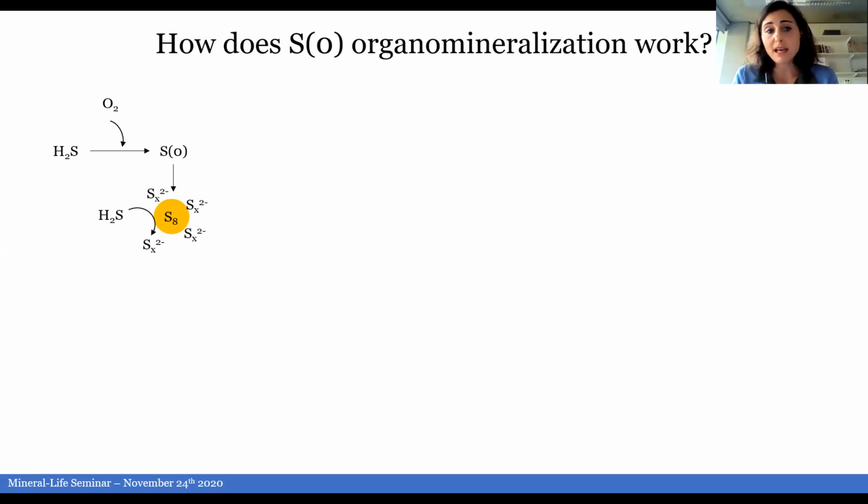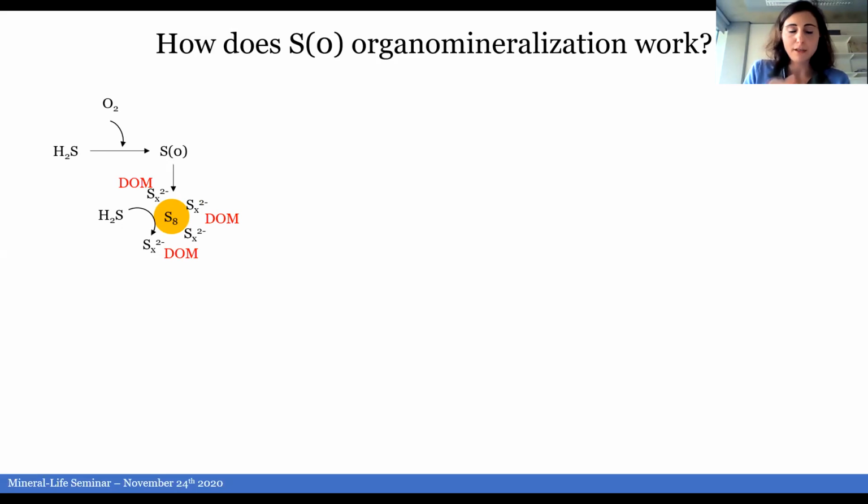What we know is that elemental sulfur can further react with sulfide to form polysulfides, which are long chains of elemental sulfur, terminated by S- ions. What we know about these polysulfides is that they are very strong nucleophiles. So they react very strongly with organic compounds.